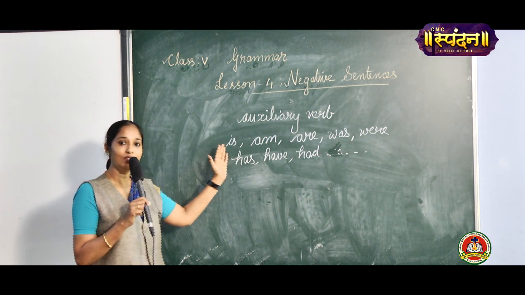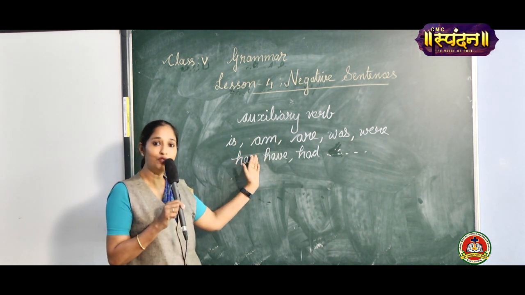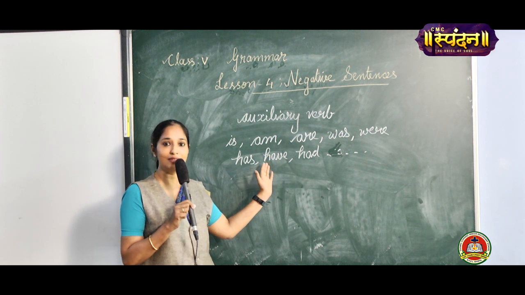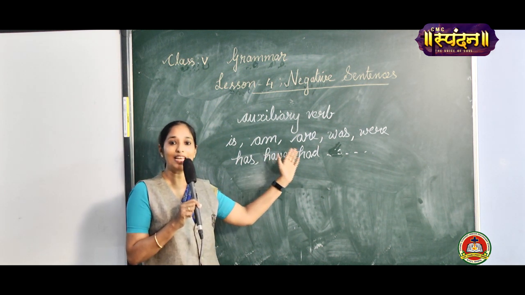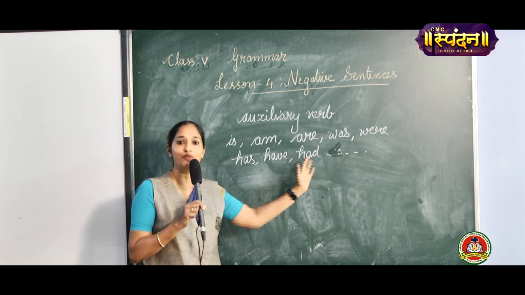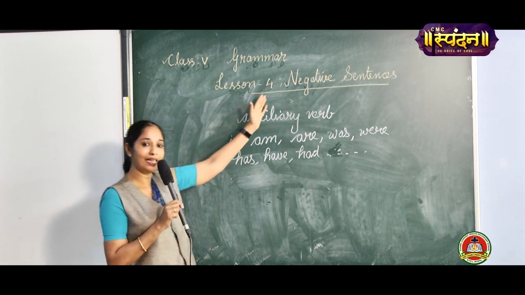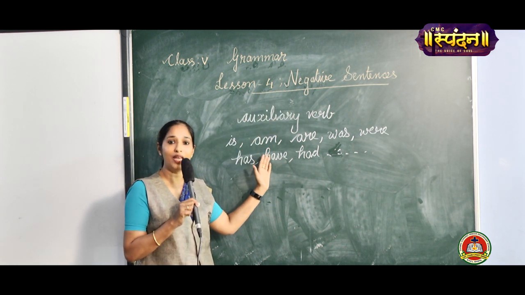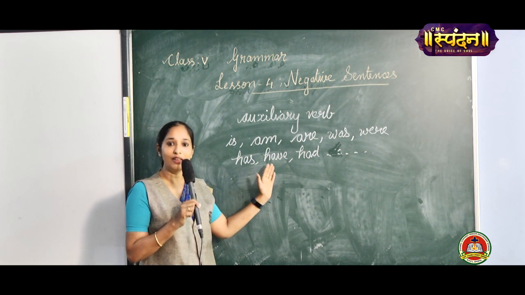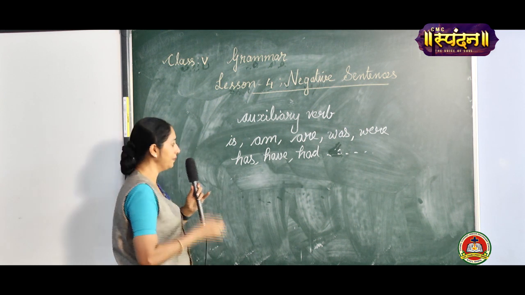But these auxiliary verbs or helping verbs help to form tenses, passive voice, negative sentences and to frame questions. And today we are learning negative sentences, and these auxiliary verbs play a very important role in forming negative sentences.